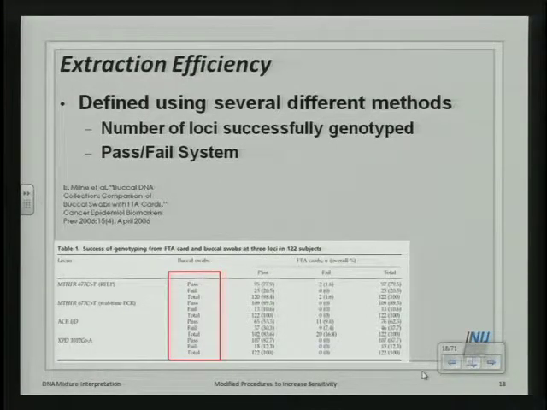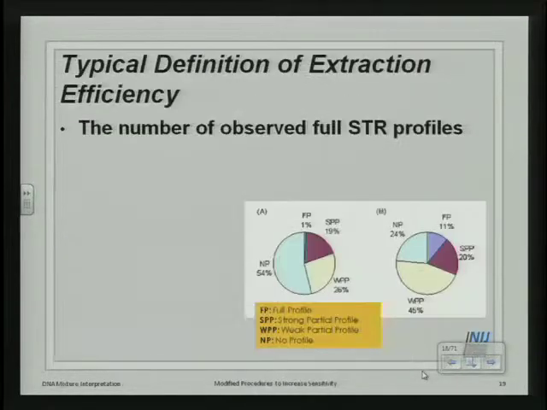Okay, so how do you measure extraction efficiency? There are multiple ways of doing this. First of all, some people in the literature look at how many loci are successfully genotyped. This paper here is looking at DNA off of buccal swabs on FTA paper. They used a pass-fail system as to whether it worked or not.